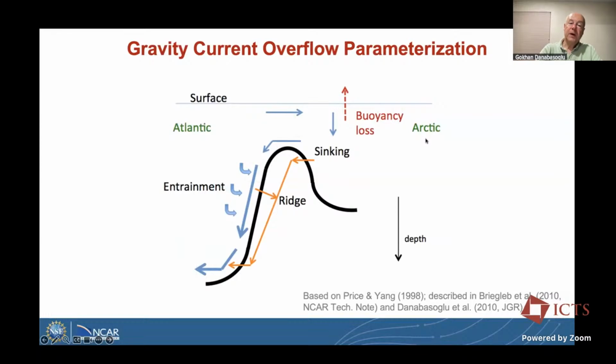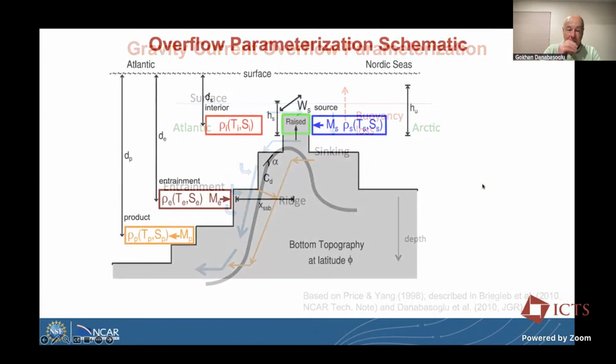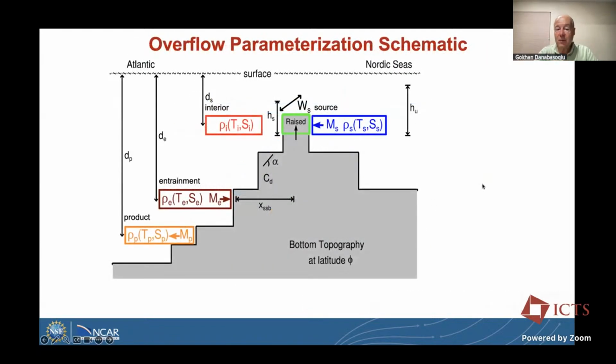So what we implemented is a so-called stream tube model, where we pipe the flow through the rocks. We pipe the flow down, get the entrainment, and then insert the product water at its appropriate depth. This is again a rather complicated parameterization, and I'm showing another schematic here.